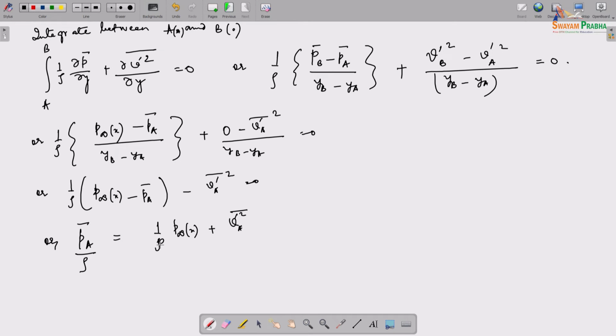Now A is any point, an arbitrary point. So I can remove the A and just write this as the velocity at any location.